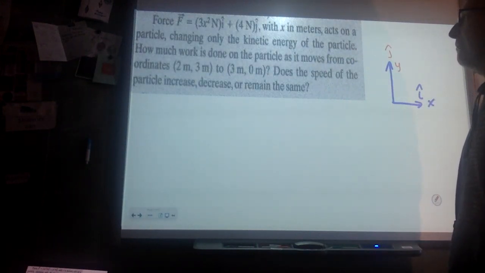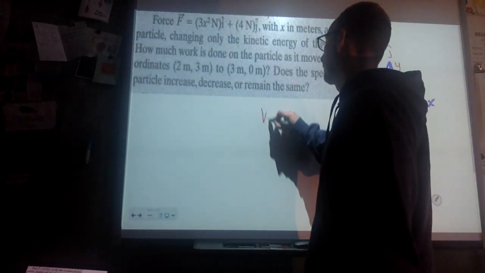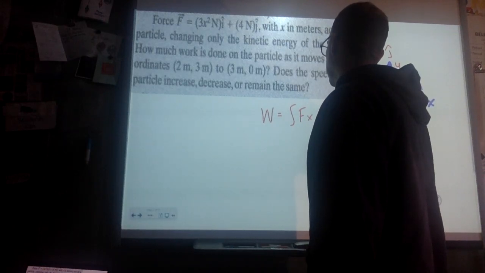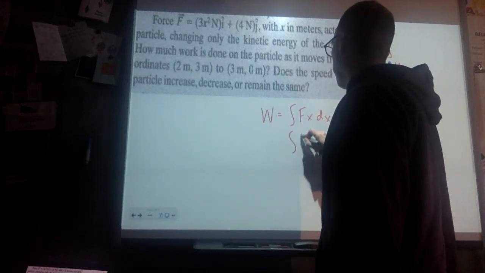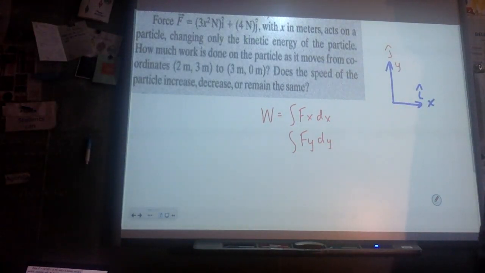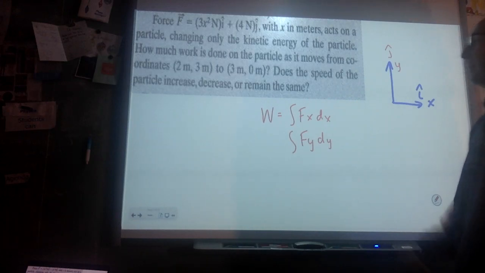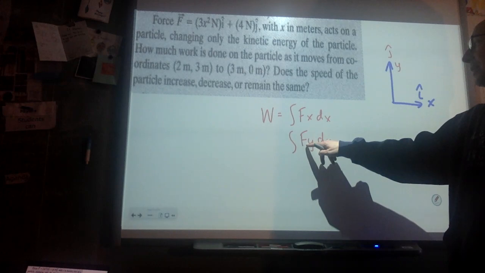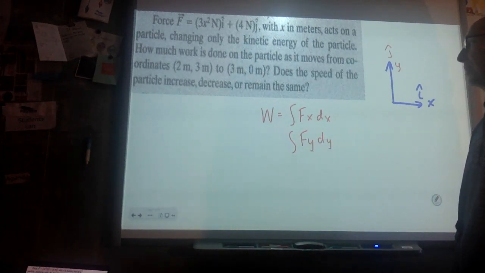So we're going to have individual integrals for the force in the x direction with respect to the change in x, and the force in the y direction with respect to y.